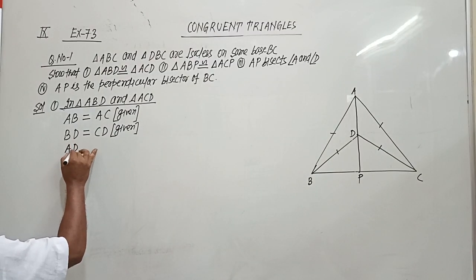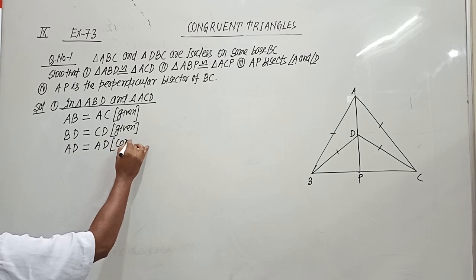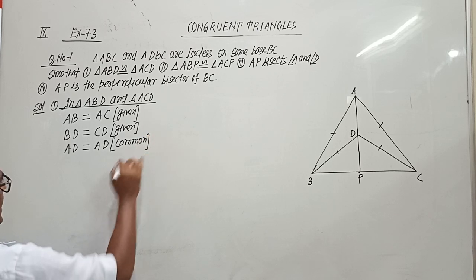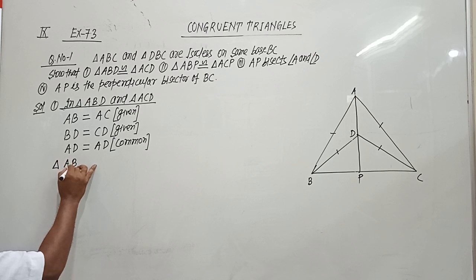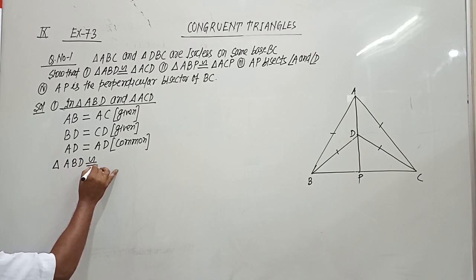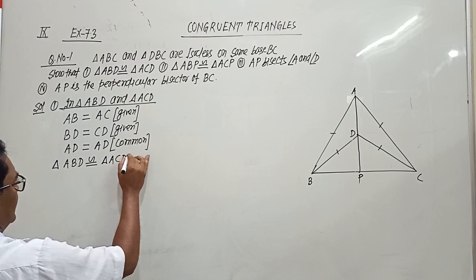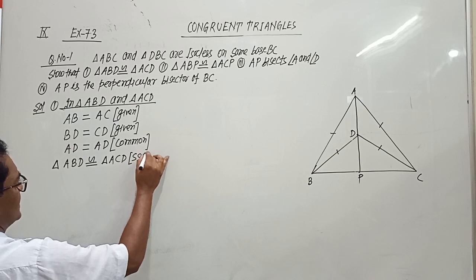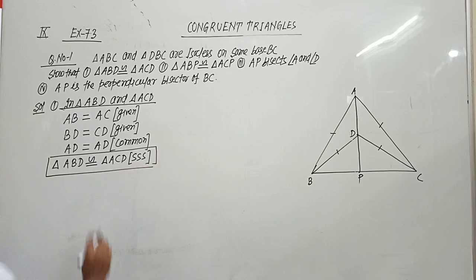So side AD equals AD. Therefore, triangle ABD is congruent to triangle ACD by SSS congruency.